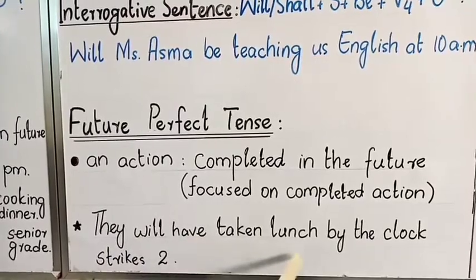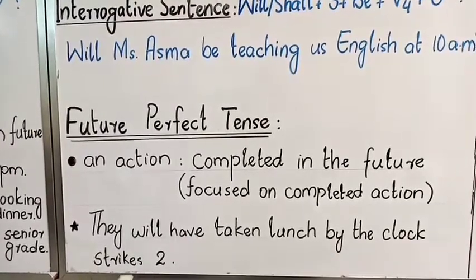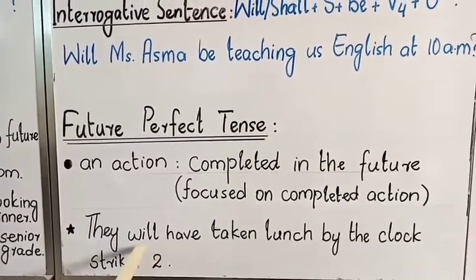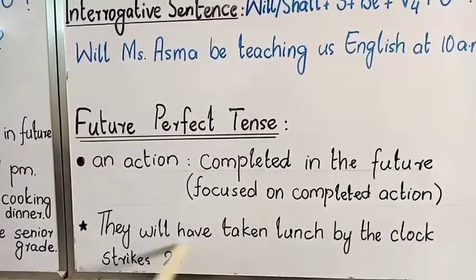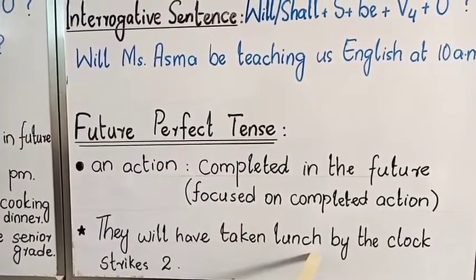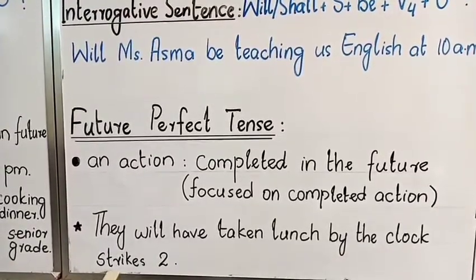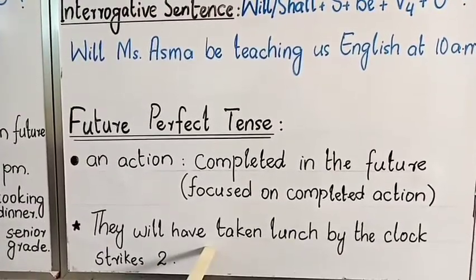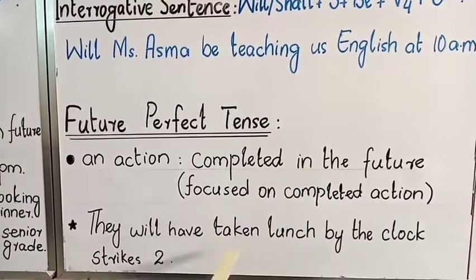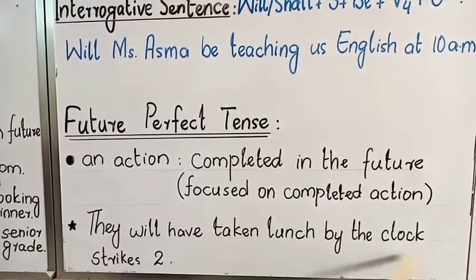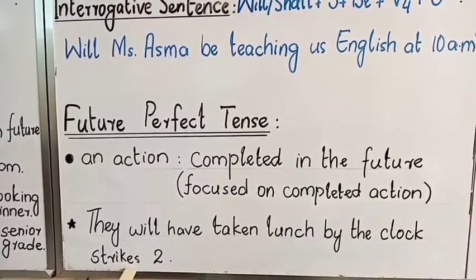They will have taken lunch by the time the clock strikes 2. So this is the completed action in future. This will also happen in future, but this action will have been completed before the other action.